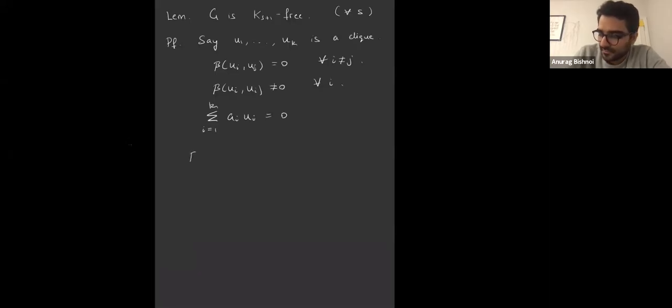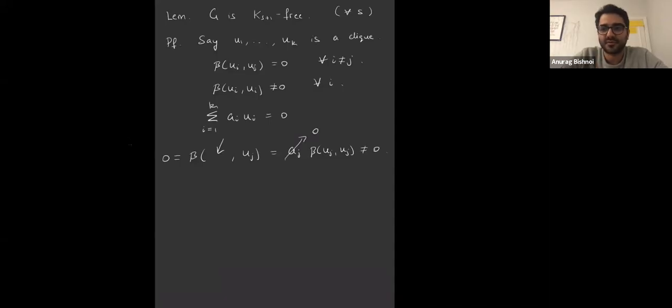So beta of this thing with, let's say, uj is equal to aj times beta of uj comma uj, and this thing is not equal to 0. But the left side is 0, so it must be that ai equals 0 or aj equals 0.